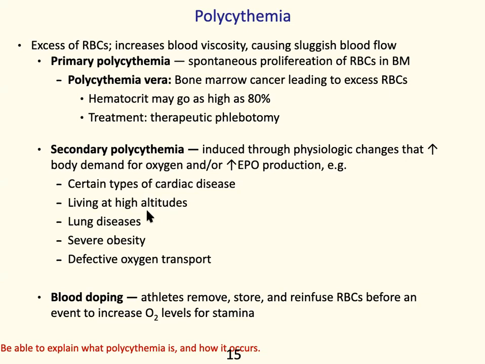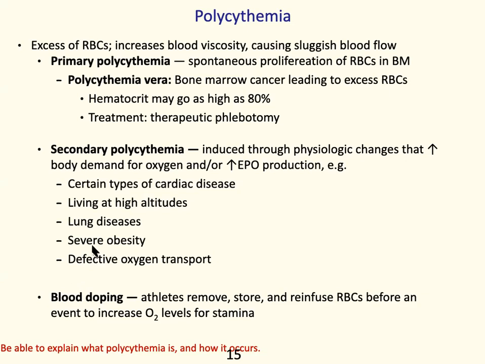Okay. Certain lung diseases, as you can imagine, if your lungs aren't able to function normally and help you obtain as much oxygen, your body senses that low oxygen. So it's going to stimulate EPO production and then try to make more red blood cells. Okay.